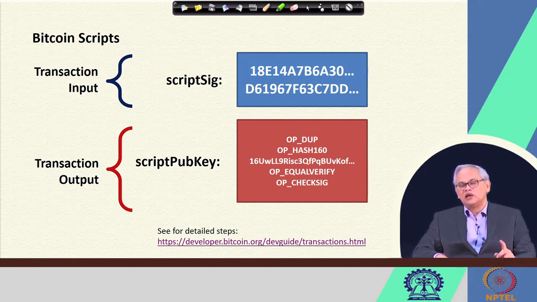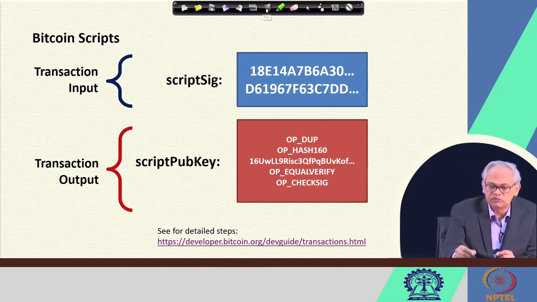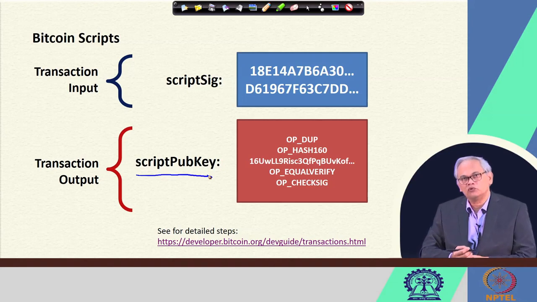So, now we see this script pub key. Alice is sending those 40 bitcoins to Bob. So, what Alice would be doing is that Alice will be sending this script pub key, and we have something written here. We will explain as we show how this is actually processed. So, now we have this first script, which is this script pub key, which will be used by Alice while sending those 40 bitcoins to Bob.